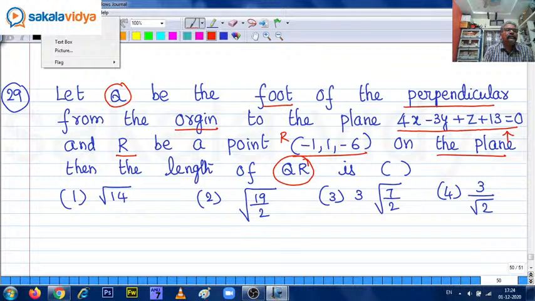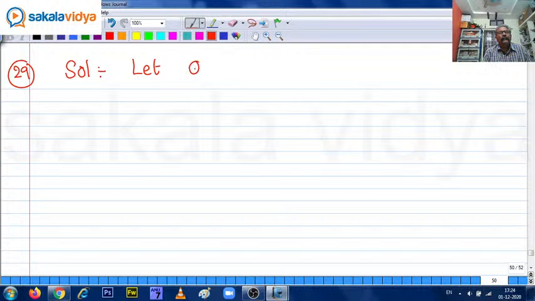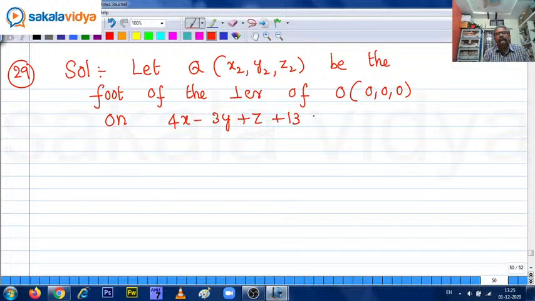So first, this is the 29th solution. Let Q (x2, y2, z2) be the foot of the perpendicular of origin O (0, 0, 0) on 4x minus 3y plus z plus 13 equals to 0.